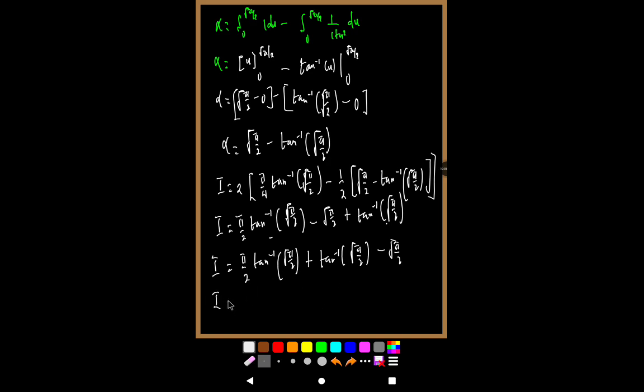Then we have I equal to pi over 2 plus 1, multiplied by arctan of root pi over 2, minus root pi over 2, and that's the answer. If you like, you can write out the approximated value, which is 1.053581252. So that is the answer to that beautiful problem.